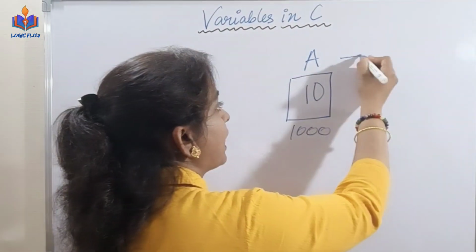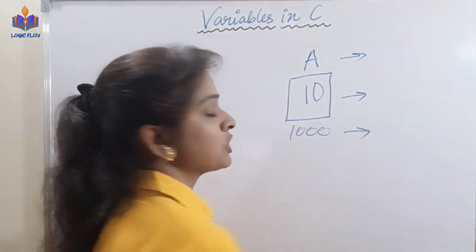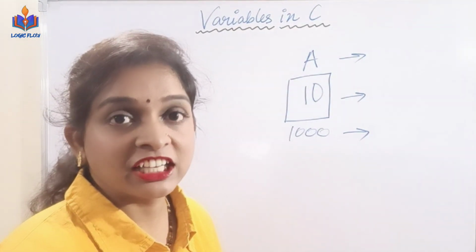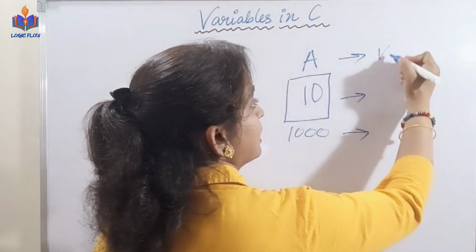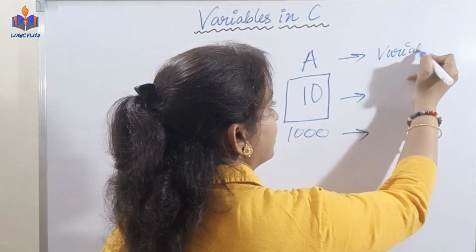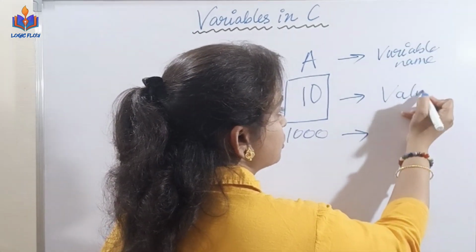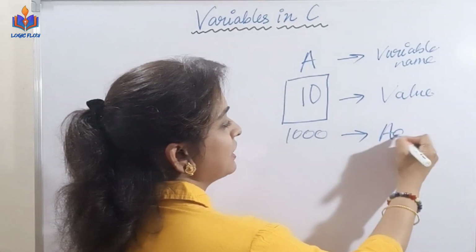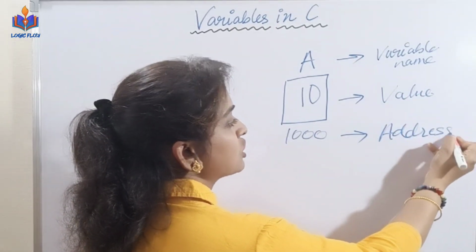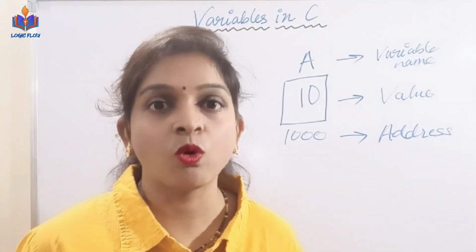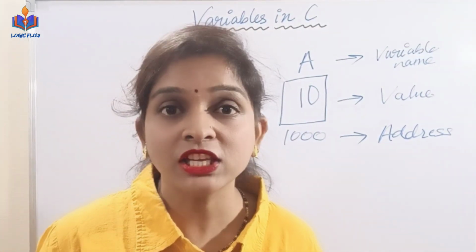So you have three things to remember here. A variable or a memory block is associated with three things: one is the variable name that we give, the value that we are going to store, and finally the address, the location of that memory block. So in general, we know a variable is a quantity which keeps on changing.